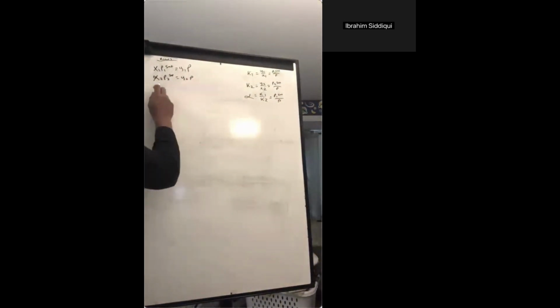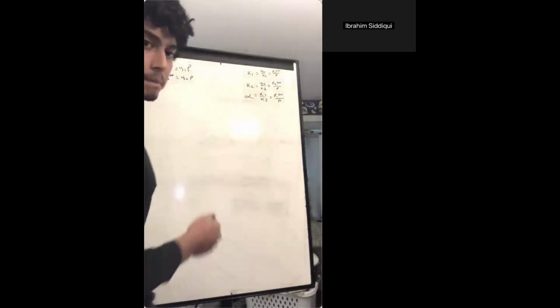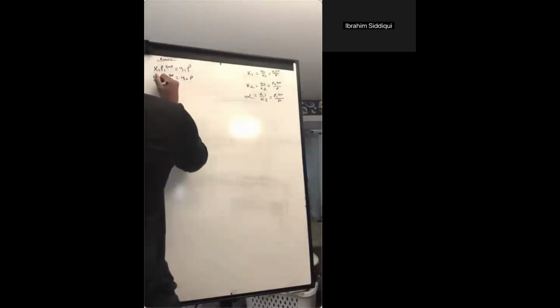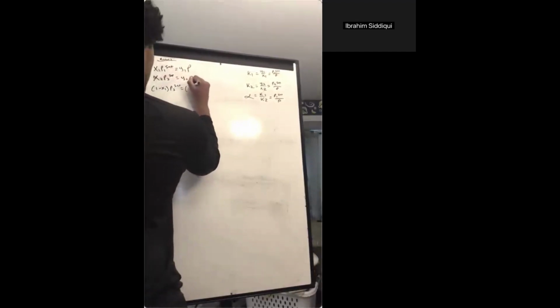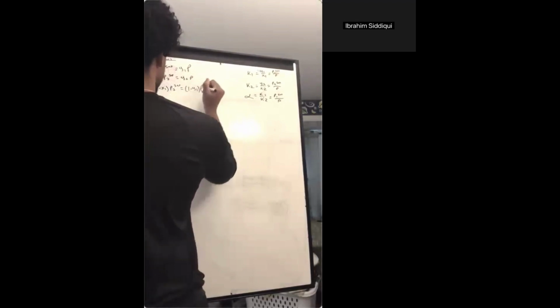We can also denote x2 as 1 minus x1 and y2 as 1 minus y1. So let's do that. See everything? Cool. So this is going to be 1 minus x1 times p2 sat equals 1 minus y1 times p.